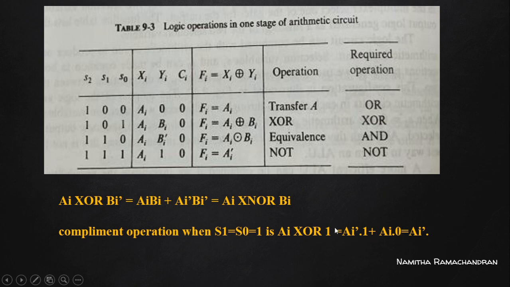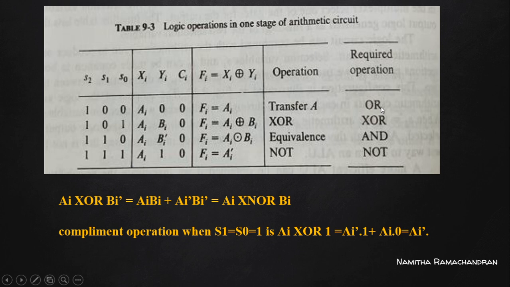That means only this term remains, Ai complement, right? So this full adder output becomes the function Fi equal to Ai complement with the input values Xi equal to Ai and Yi equal to 1. These two, XOR and NOT, are directly available from our full adder output function with these same input combinations.